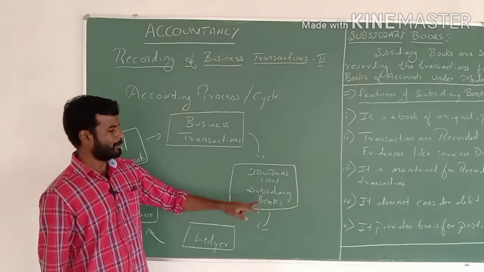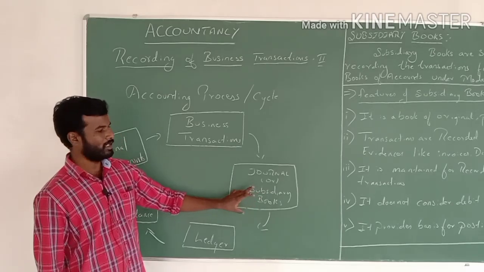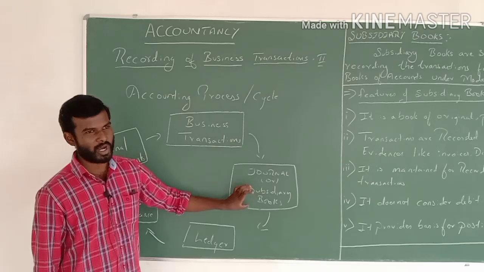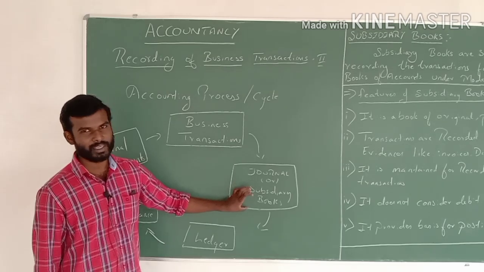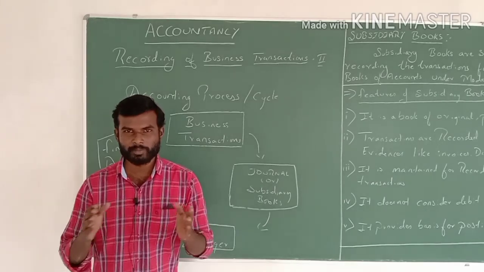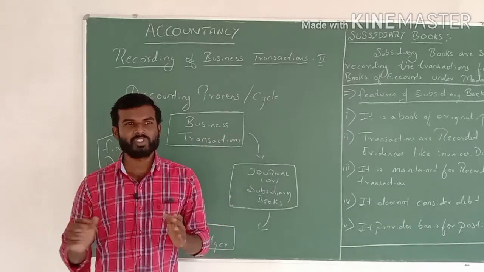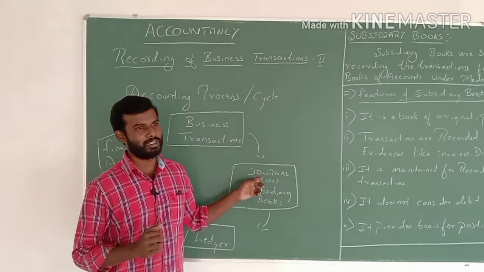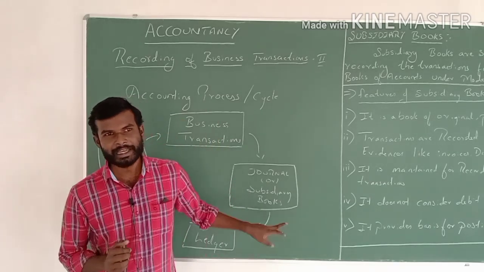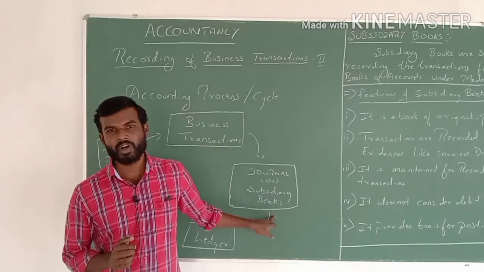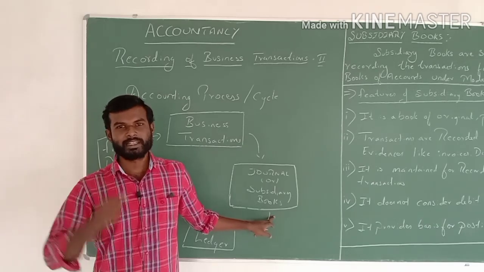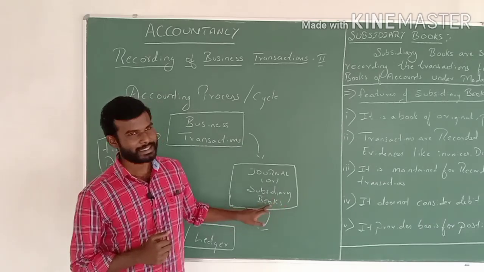Whenever the business is huge, the transactions will be huge. When the transactions are huge, we can't record them in the journal, because the journal records day-to-day transactions in a chronological order, whereas subsidiary books record transactions by their specific nature. Big concerns go for subsidiary books.